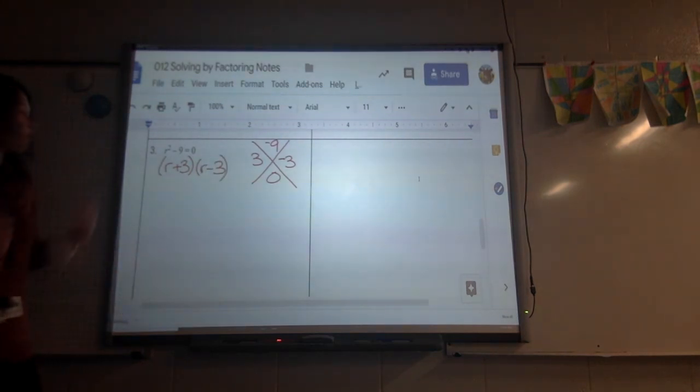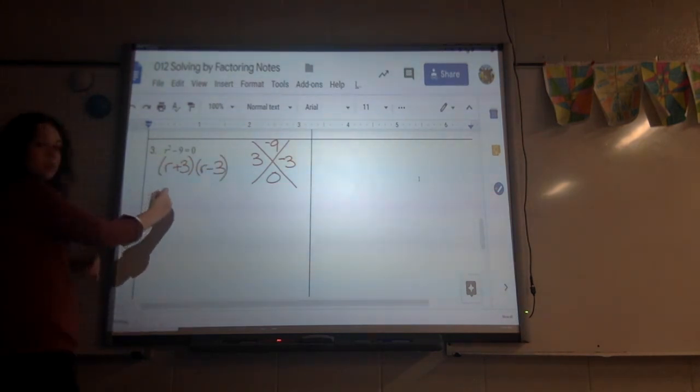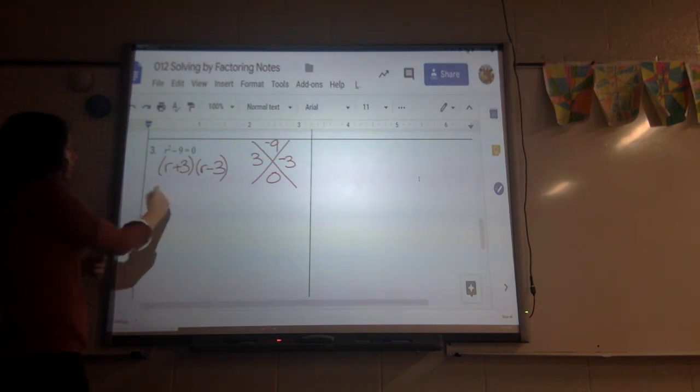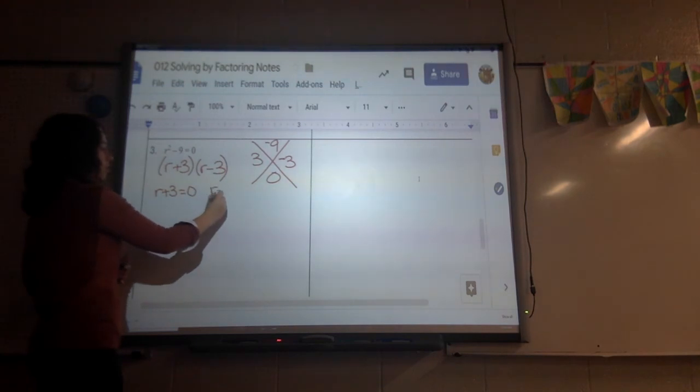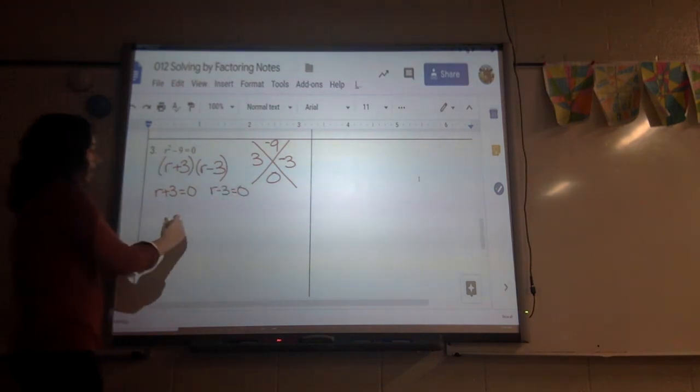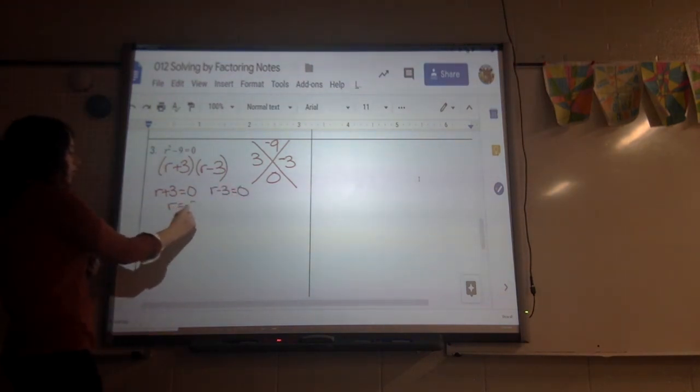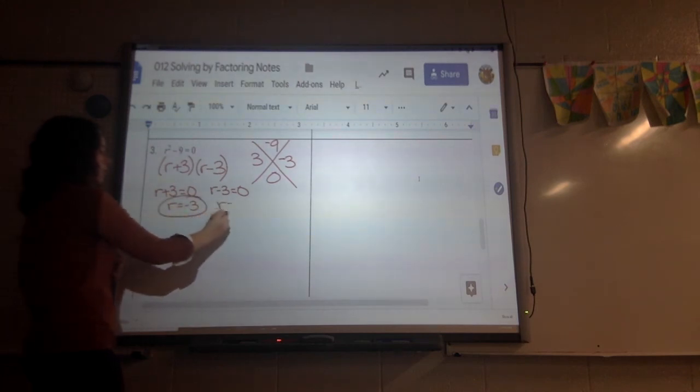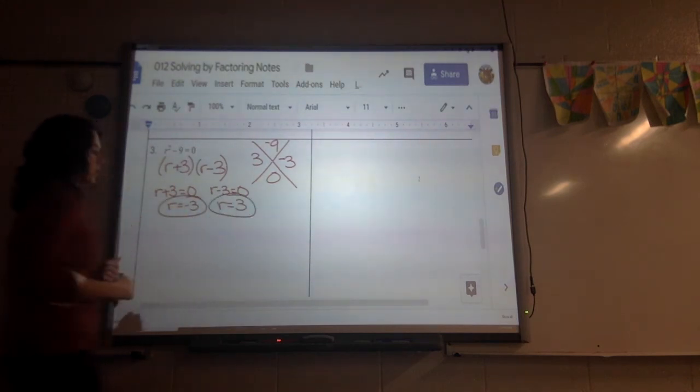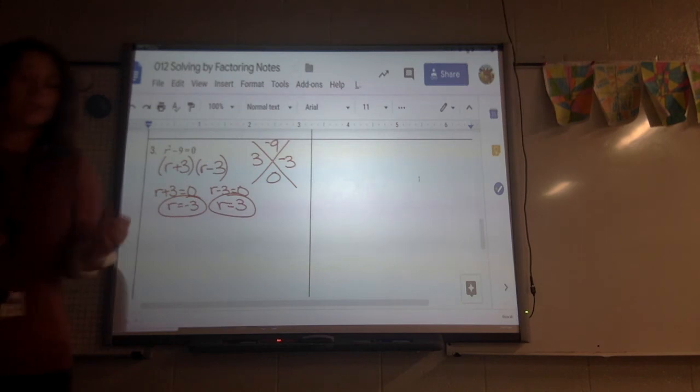Okay? If I want solutions, I take each piece and set it equal to 0. So r plus 3 equals 0, r minus 3 equals 0, and when I solve, I get r equals negative 3 and r equals positive 3. And then I'm done right there.